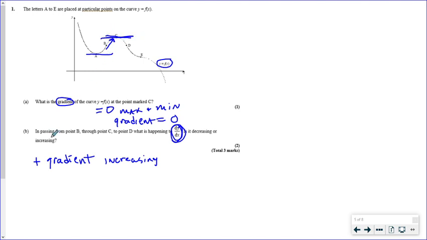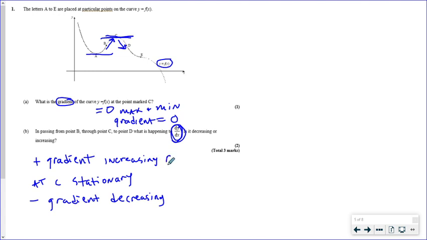So if it's stationary, it's neither increasing nor decreasing. And then if I'm going from C to D, going down, that means my derivative is negative. So negative gradient, so it's decreasing. So from B to C, it's increasing. At C, it's stationary. And from C to D, it's decreasing. That's it. That's all you have to write for the answer. Next one here.